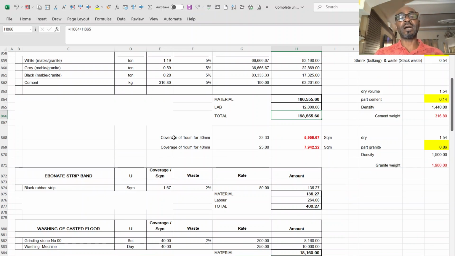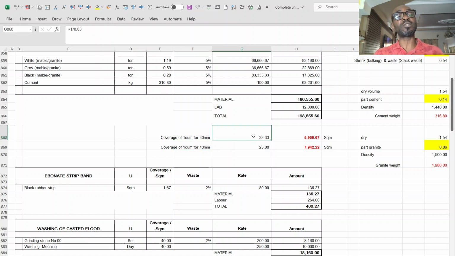Then for us now to convert this cubic meter to the square meter, we have to determine what area the volume of 1 cubic meter is going to cover for a 30 millimeter thick floor finish and a 40 millimeter thick floor finish.